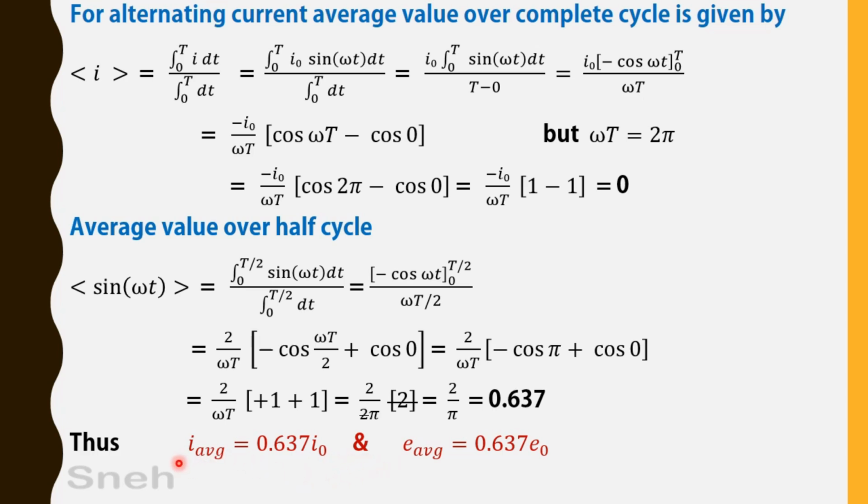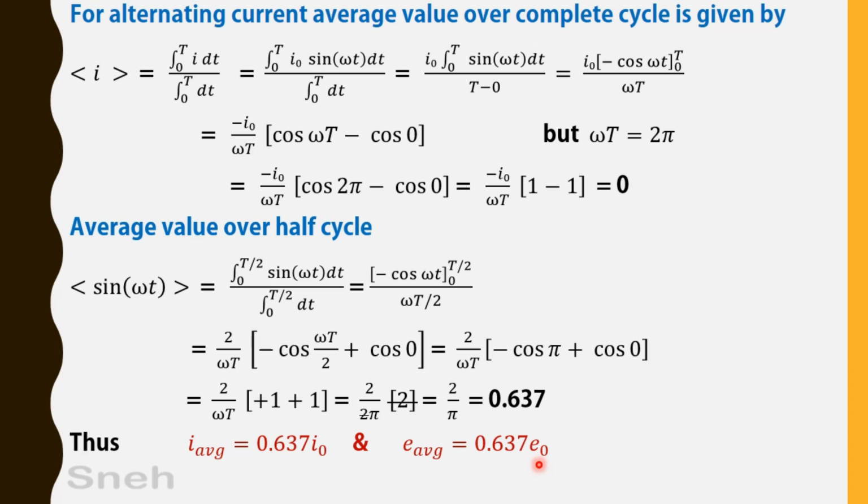So the average of current over half cycle is given by 0.637 into I0, and the average of EMF over a half cycle is given by 0.637 E0, that is the peak value of EMF.